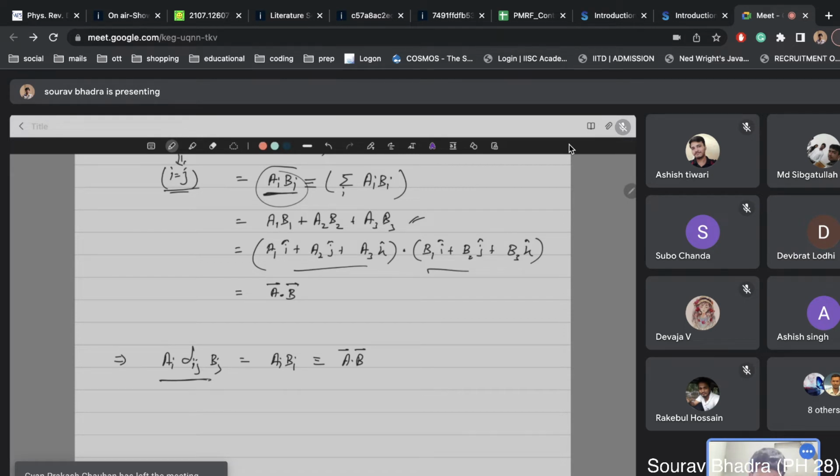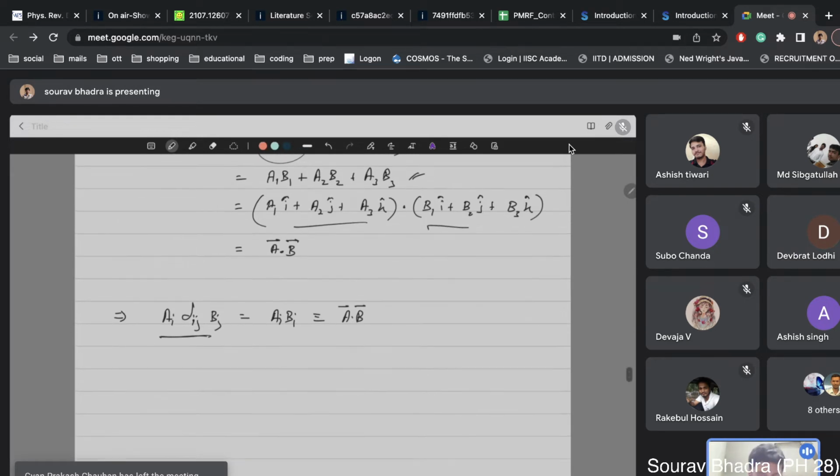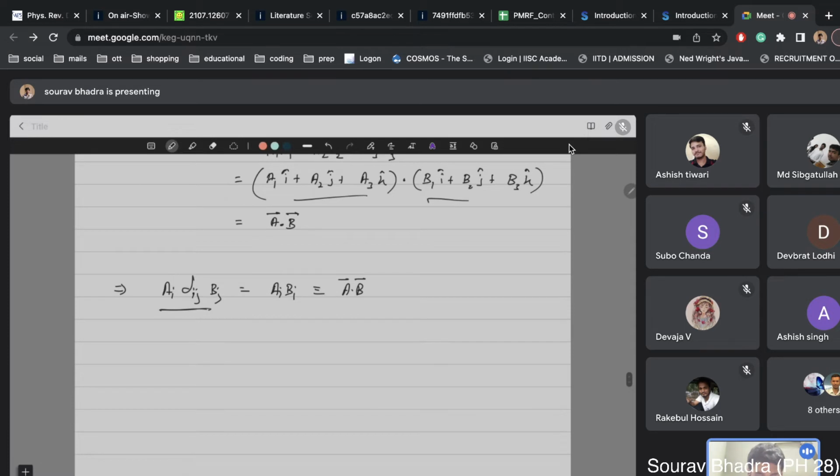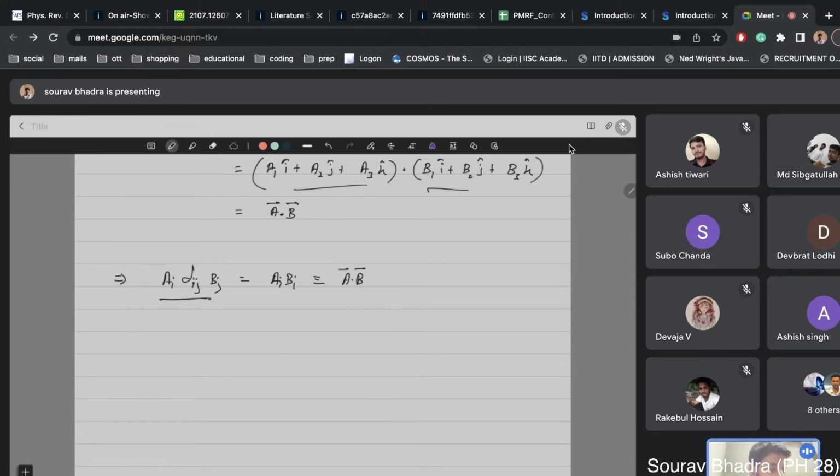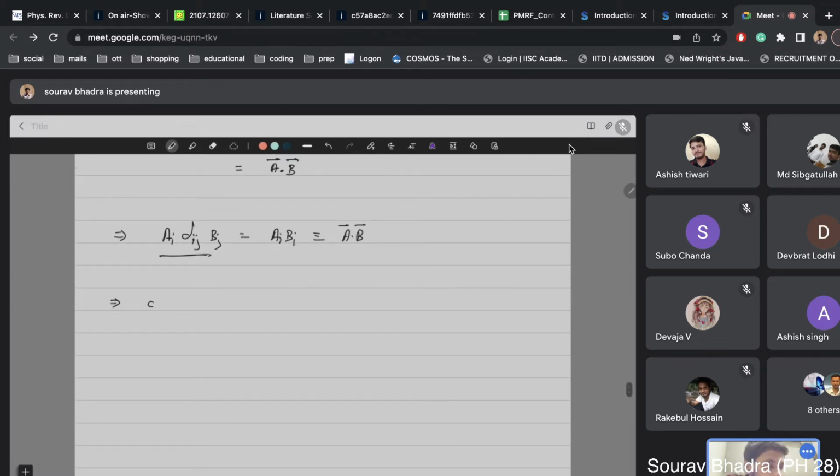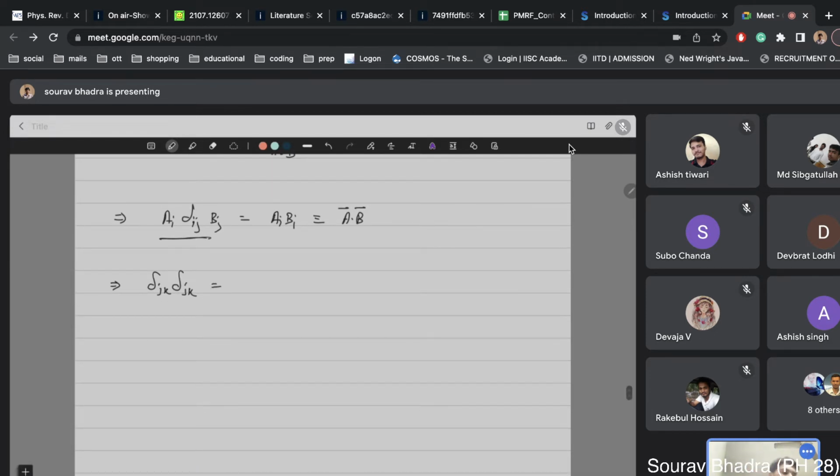Now coming to the third one, the sixth one, it is also an application of the delta function. So we need to calculate delta jk. Now it is also a very simple one. Delta jk means only those delta functions will exist which have the same index, that is j equals k.